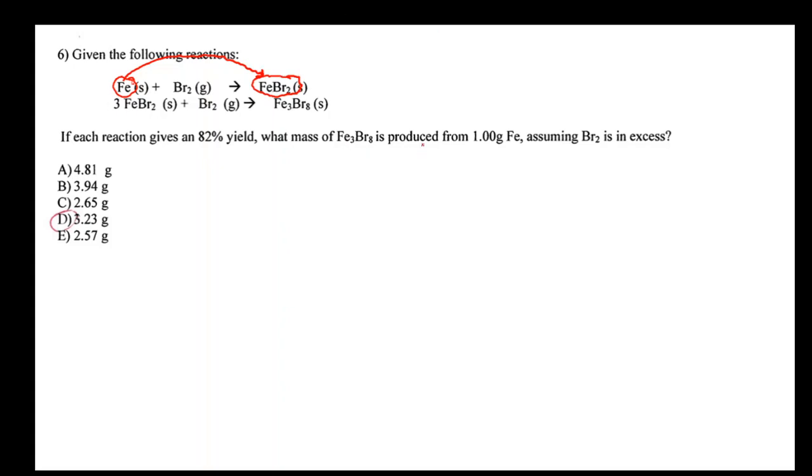So FeBr2. What are the masses of those, Grace? All of a sudden the cloud went over, so now I can't see. Here, pull it down. Just a second. So iron has a molecular mass of 55.845 grams per mole. And then bromine is 79.904 grams per mole.